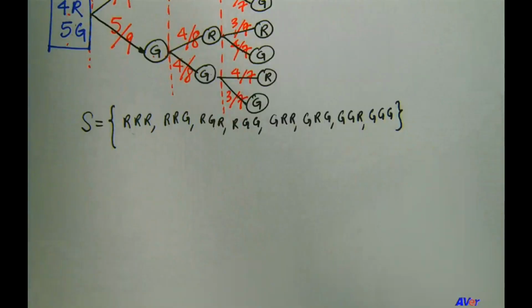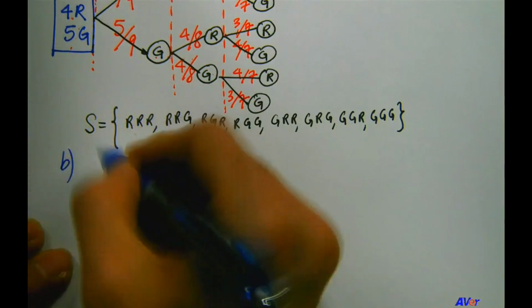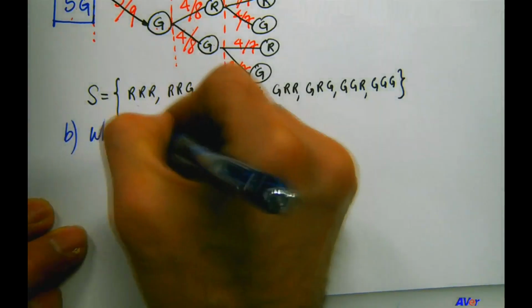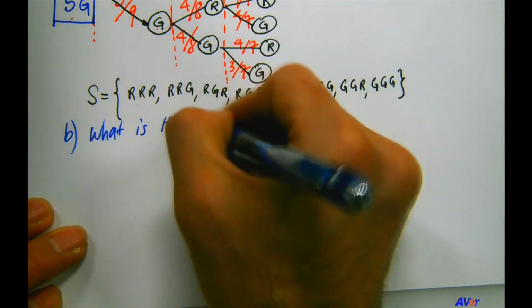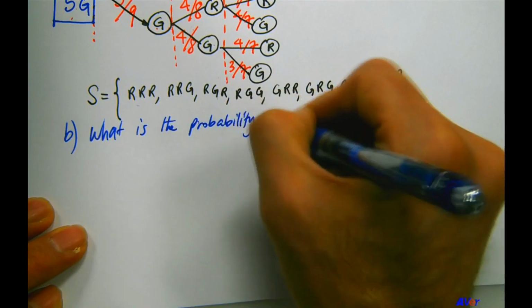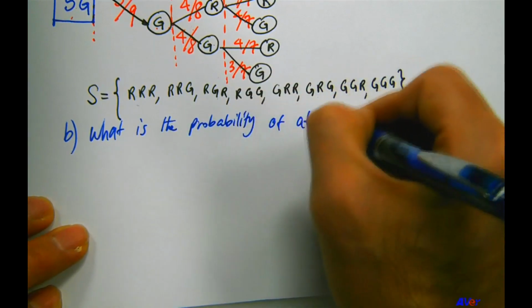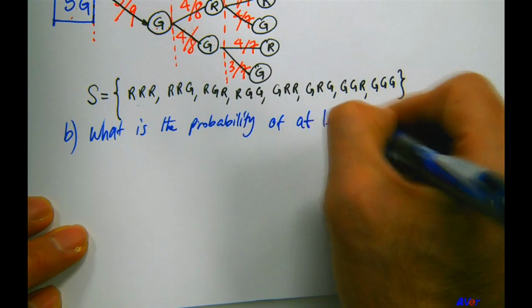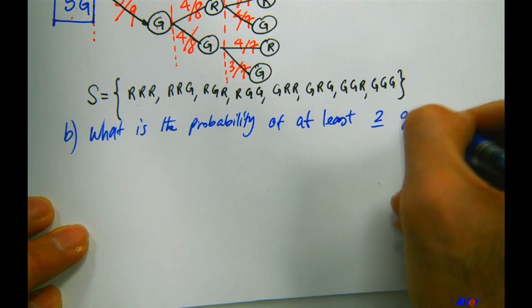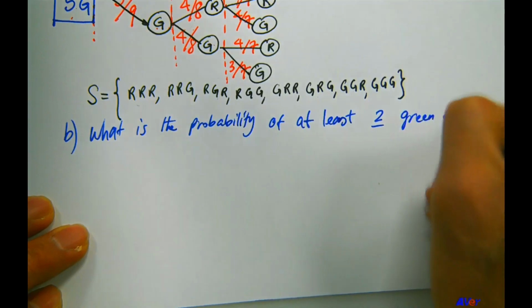Part B, the question asks, what is the probability of at least 2 green objects?